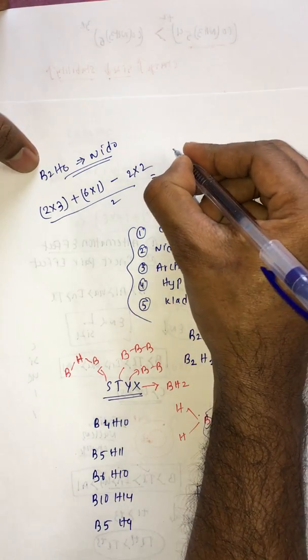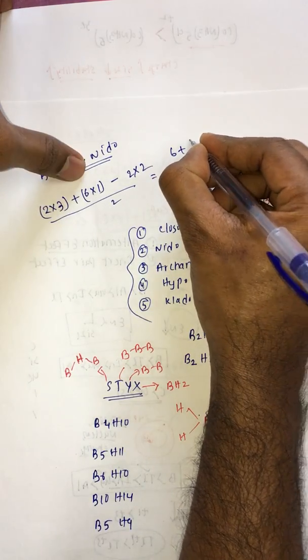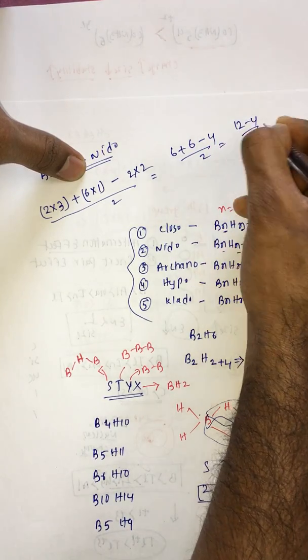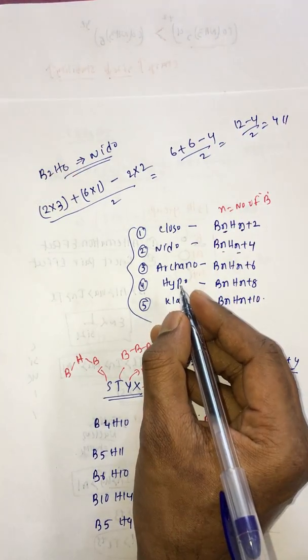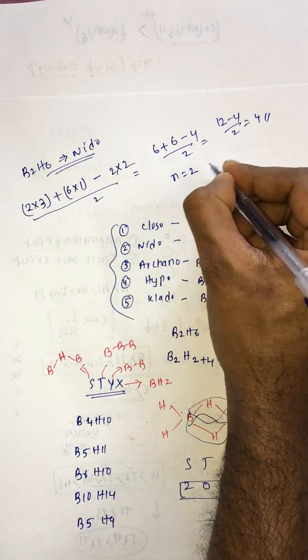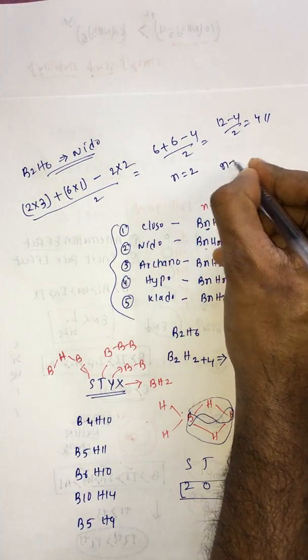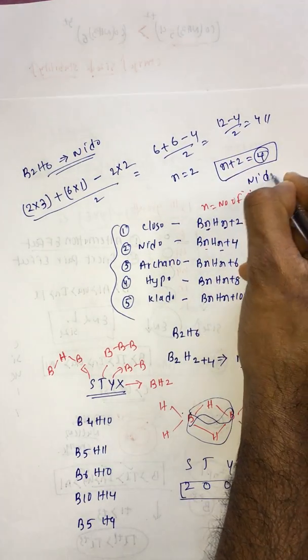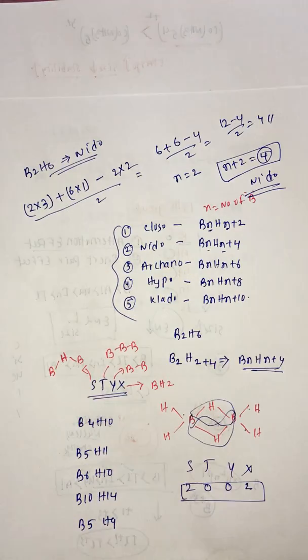This will be 6 plus 6 minus 4 by 2. 12 minus 4 by 2 equals to 4. So here n equals to 2. So n plus 2 equals to 4. So this comes out to be nido. So for boranes you can calculate by this method also.